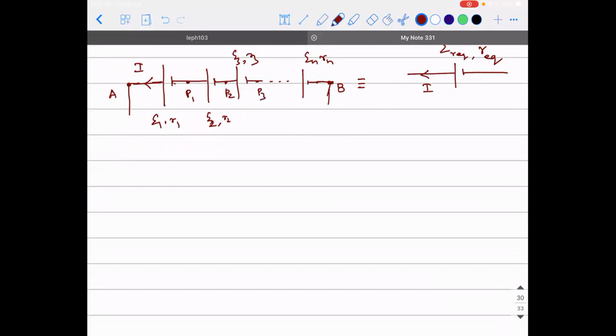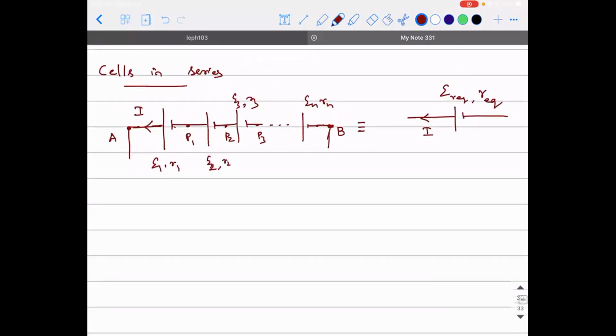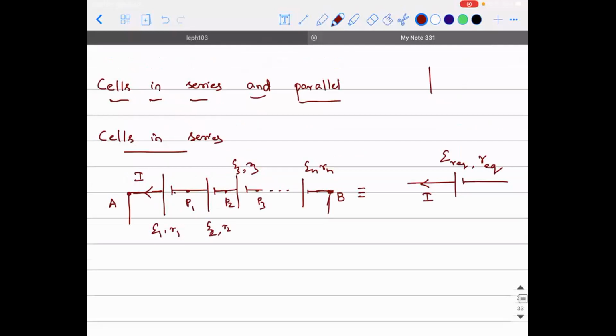Now, one concept to be recollected: when I explained the concept of EMF, internal resistance and current, I explained a concept called terminal potential difference. Do you guys remember that? VA minus VB, do you remember this expression?